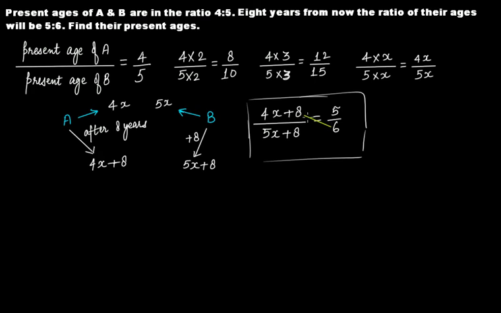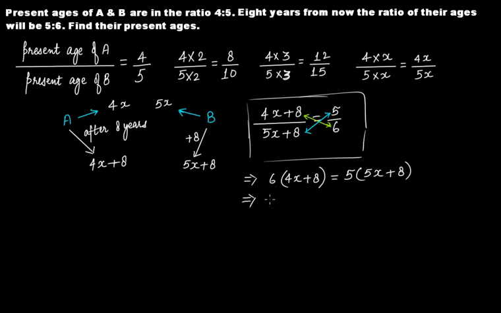That is the cross multiplication. Right? So, this becomes 6 times (4x plus 8) is equal to 5 times (5x plus 8).